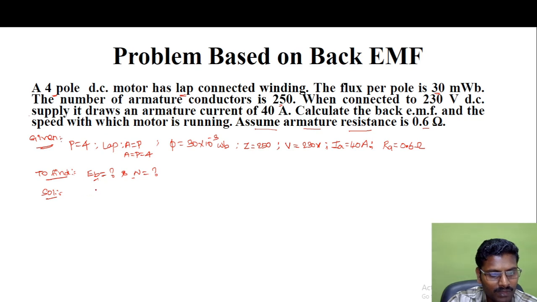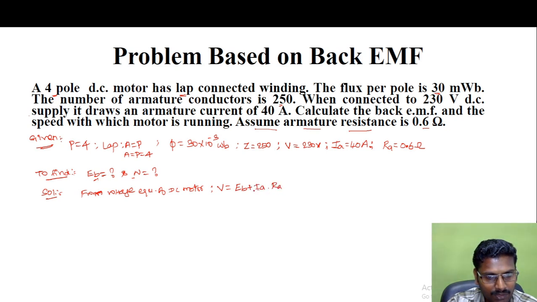So the voltage equation of a DC motor: V is equal to Eb plus Ia into Ra. From this I can calculate Eb directly, right? V is given here as the input voltage, Ia is given, Ra is given. I need to find the value of Eb.